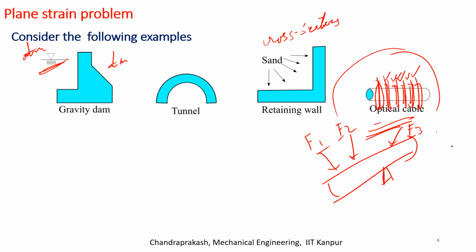No, I am not talking about this kind of loading. We are looking at those cases, for example, dam, tunnel, wall and cable, where the loading as you go along the length remains the same.